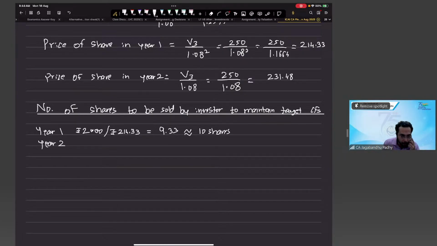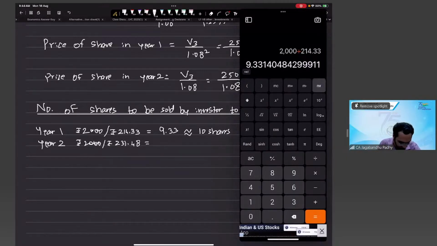Then second year, again I want 2000, but each share is selling at 231.48. So 2000 divided by 231.48, which is 8.64.